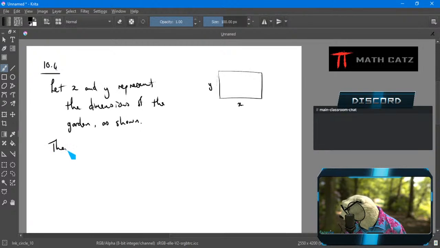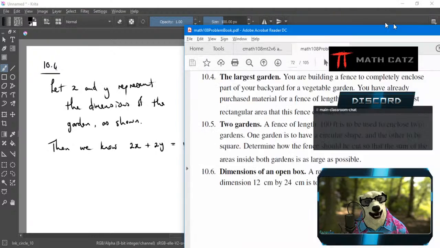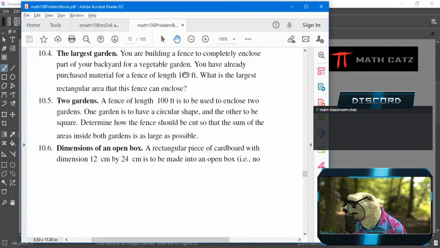So then what I know, write words, make it easy to read, that two sides for every variable, so 2x plus 2y is going to equal 100, because all the way around the garden is 100 feet of fencing. That is what the question tells me.